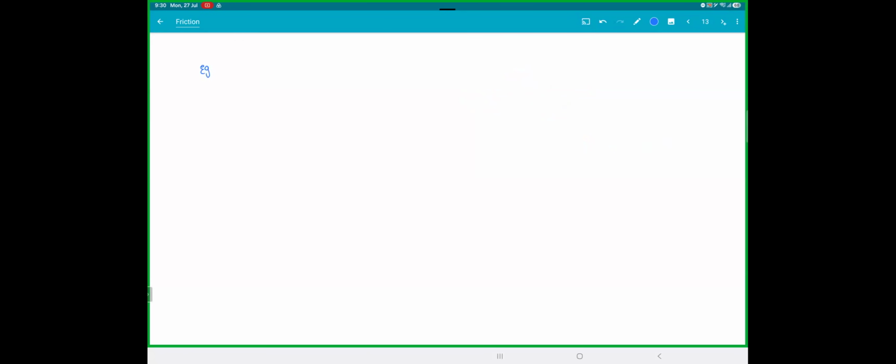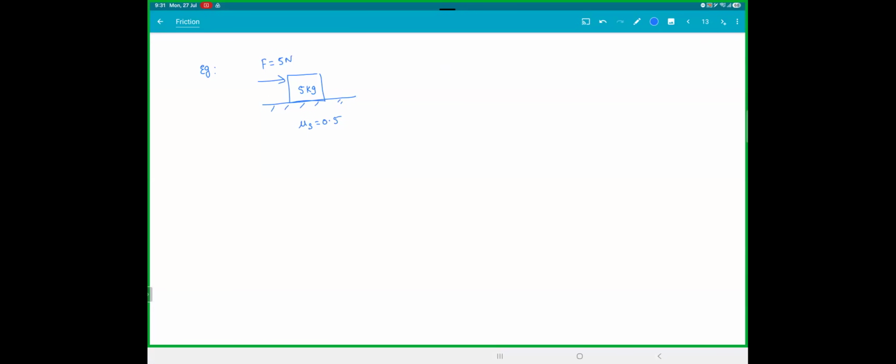So if I show you in numbers, look at this. This is the thing most people mess up. They write F is equal to mu s N. That's a blunder. Friction's job was not to give you maximum value. Let's say F is equal to 5 newtons, and let's say mu s is 0.5. So this is how you should always check.